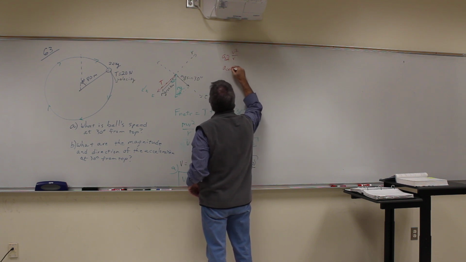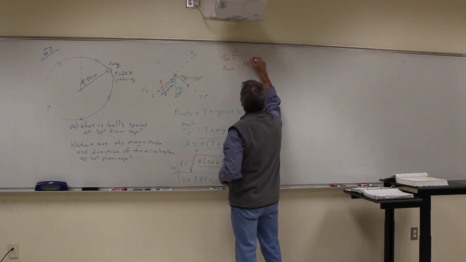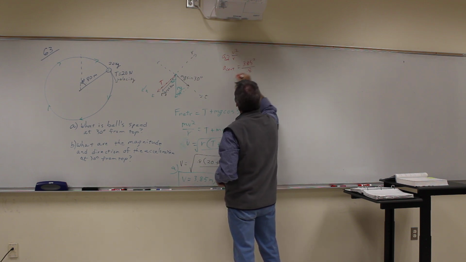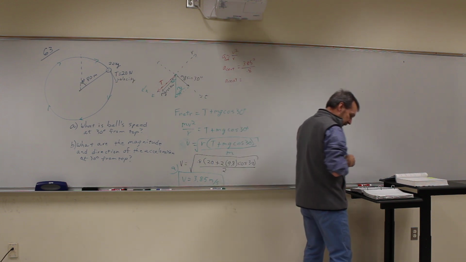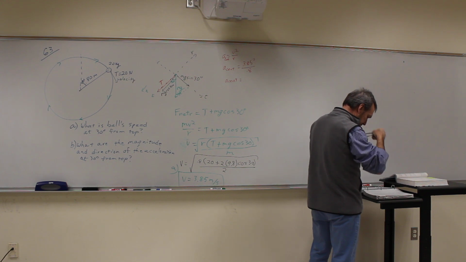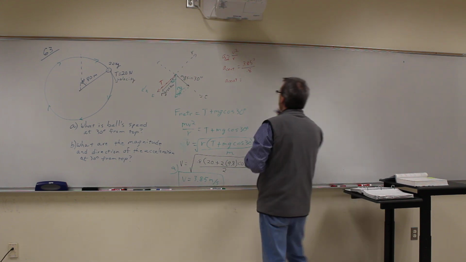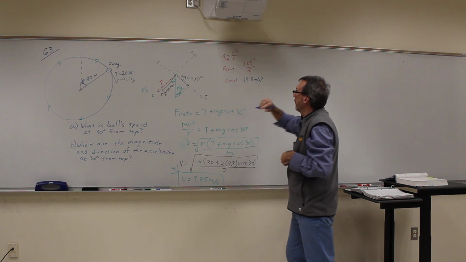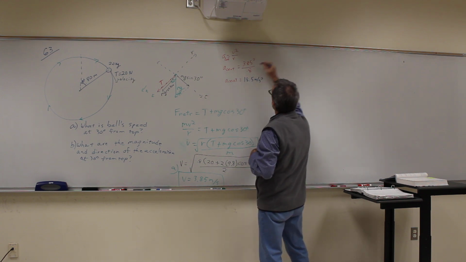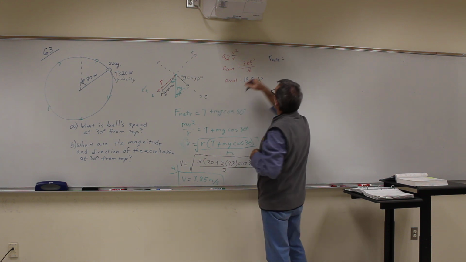So A centripetal is just, we know the velocity is equal to 3.85 squared divided by 0.8, or the centripetal component is equal to 18.5 meters per second squared.